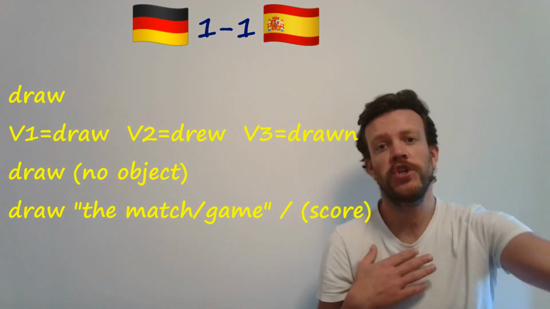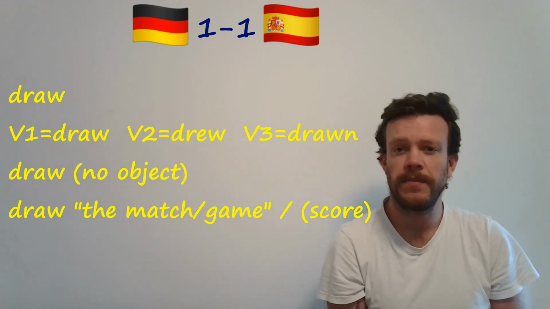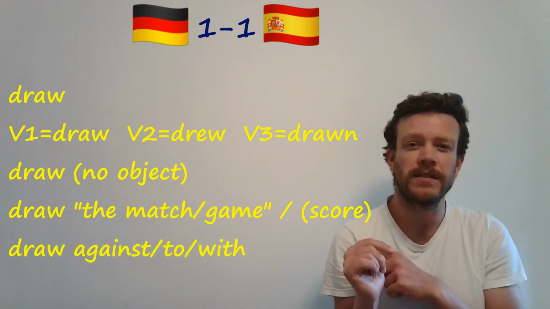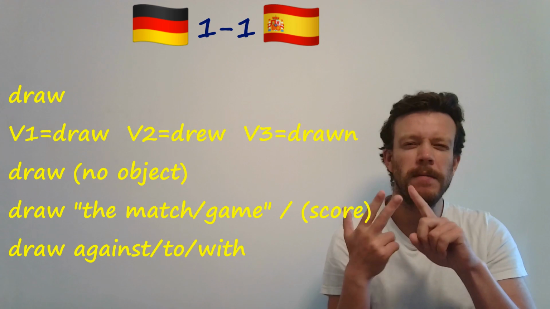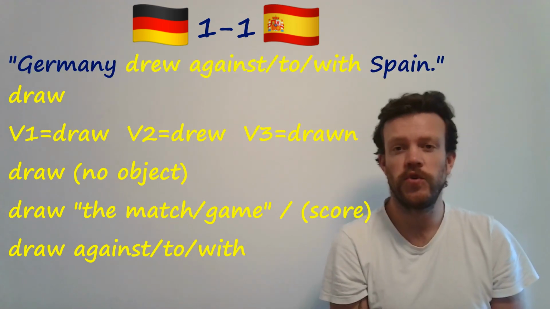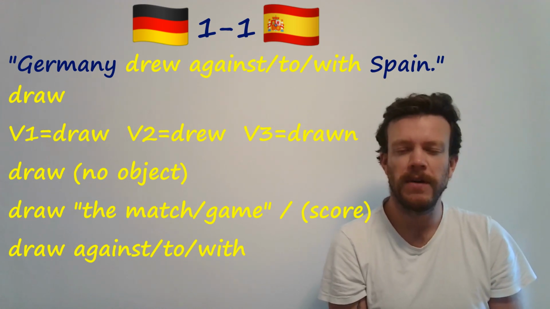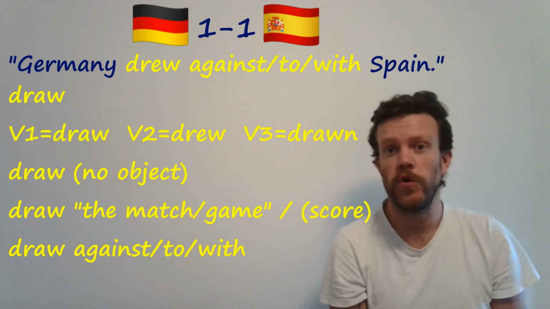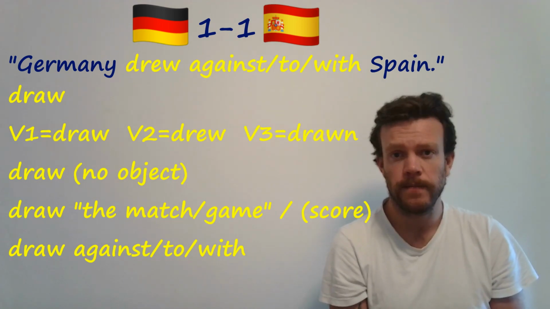And with the opposition, again, we use prepositions: against, maybe to, but most naturally I would say with. So Germany drew against, drew to, but best, most natural, Germany drew with Spain.